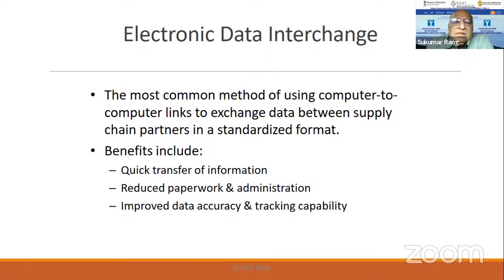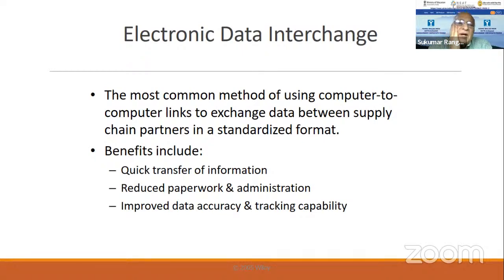Quick transfer of information, reduced paperwork and administration, improved data accuracy. Earlier some guy will place an order, the order will not be complete, this guy doesn't understand. Then there is a constant interchange of mails between the supplier and the vendor. Then finally they agree on something.